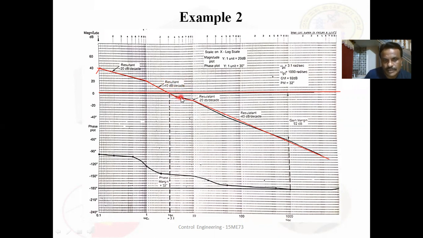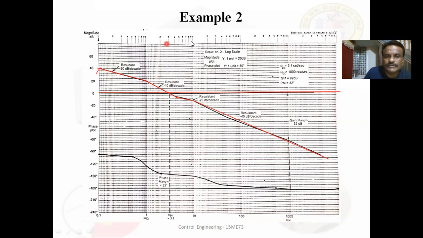Then another resultant slope, minus 20 dB per decade, that is for a first order zero. Then from here to here, that is minus 40 dB per decade, for the final factor, that is a first order pole. This is the magnitude plot.